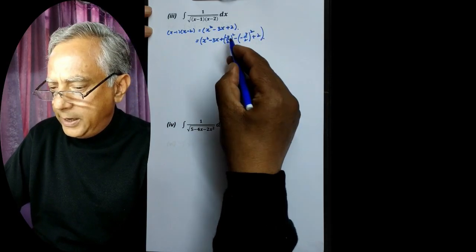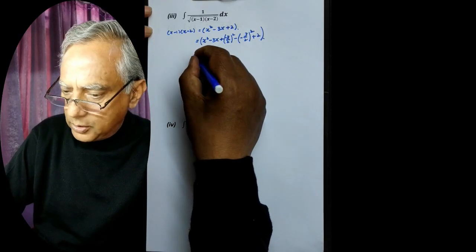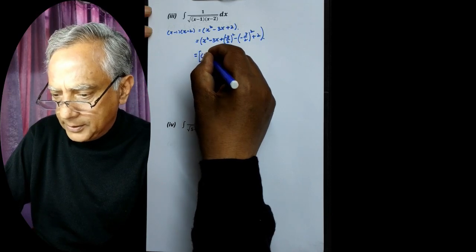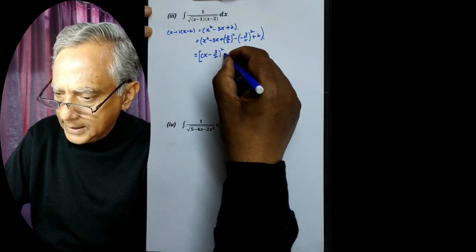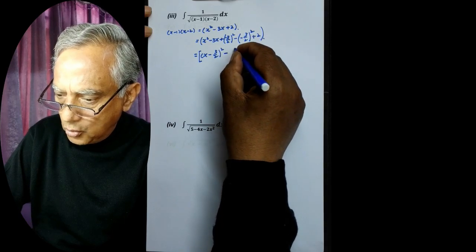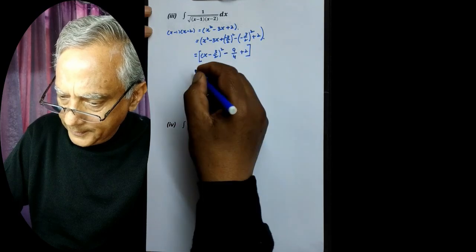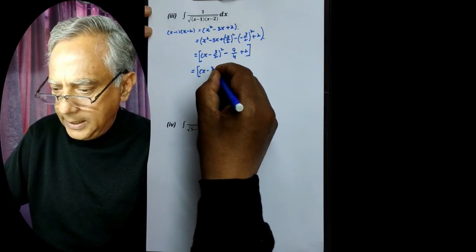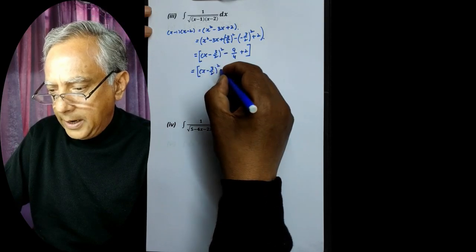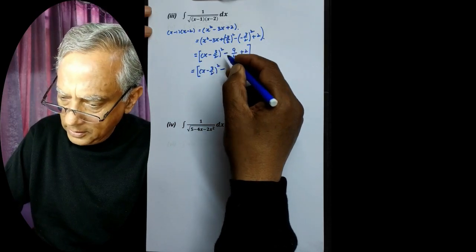This is only to indicate that b is minus 3 by 2. This is equal to x minus 3 by 2 whole square minus 9 by 4 plus 2. And this is equal to x minus 3 by 2 whole square minus, this is 8, 8 minus 9 is minus 1 by 4.